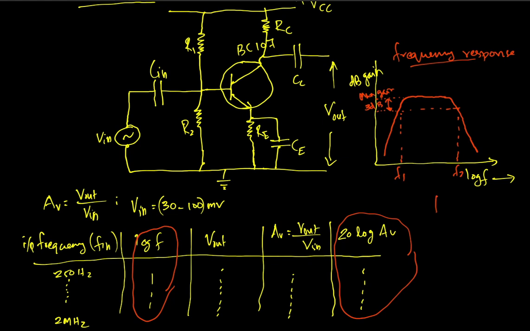Then the difference between the lower cutoff frequency and the upper cutoff frequency is called the bandwidth, so that we can calculate the bandwidth. This is the case of a practical common emitter transistor amplifier. This is what we have to do for our practical courses. Okay, thank you.